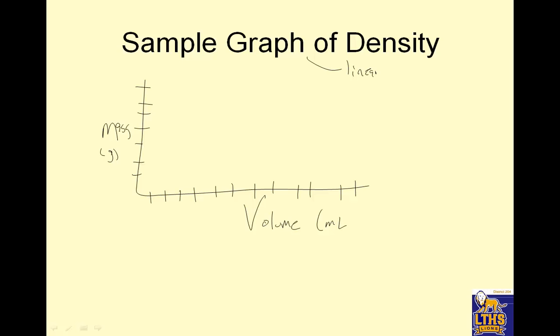Hey, it's linear. So it doesn't have to have the slope of 1. It could be, if it has a mass of 1, it might have a volume of 3. The mass of another one would be a volume of 3. And what happens is this makes a straight line.